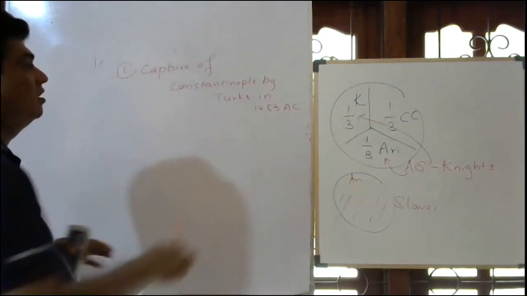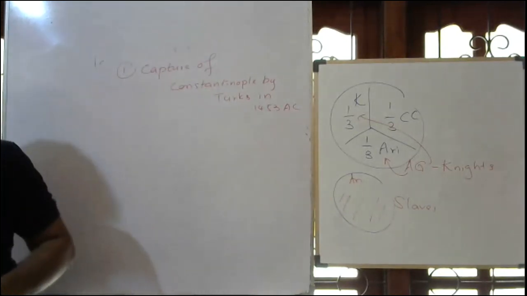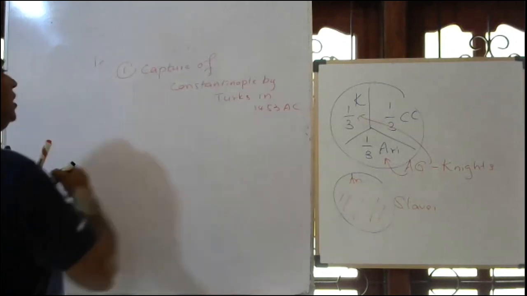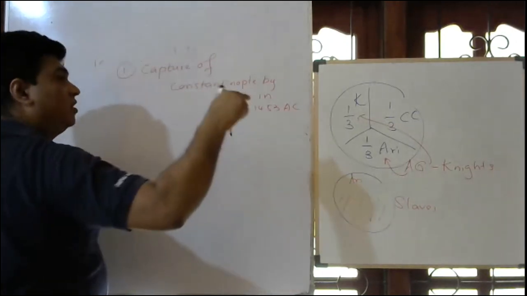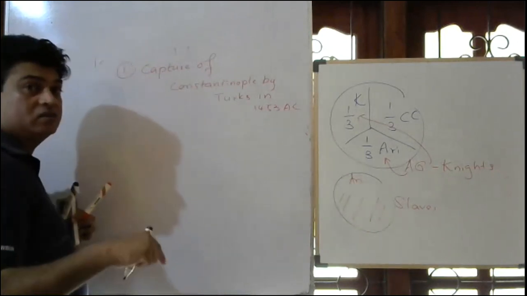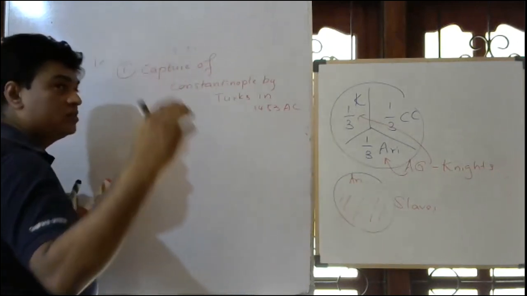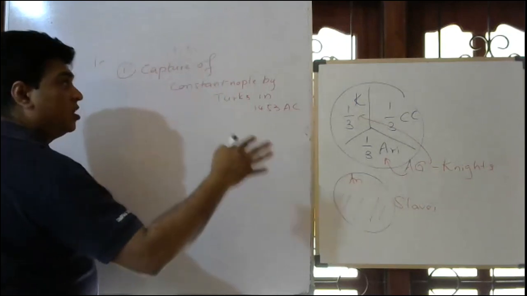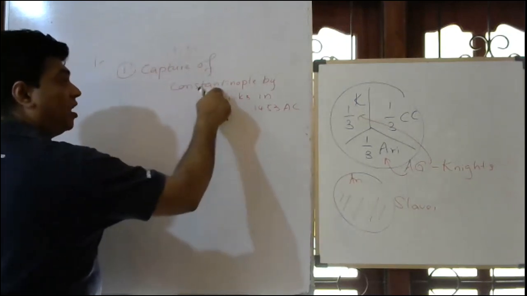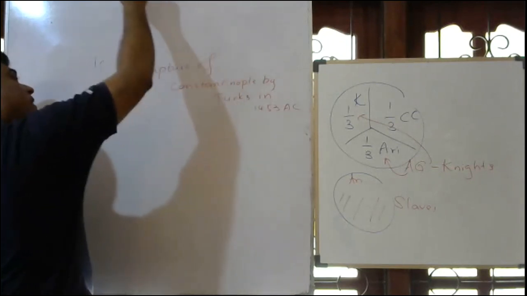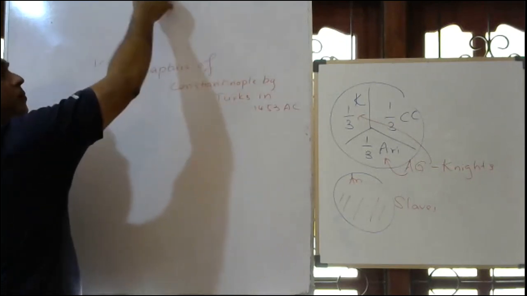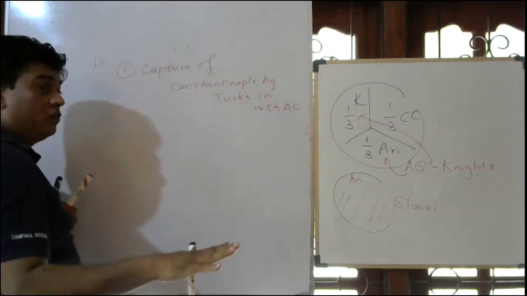So this is one reason. Then what is the second reason? I told you that in Constantinople there were libraries. In the libraries there were Greek and Roman literary sources. There were European scholars who were studying in Constantinople. After it was captured by Turks in 1453, they fled to Western Europe. In Western Europe, what did they do?